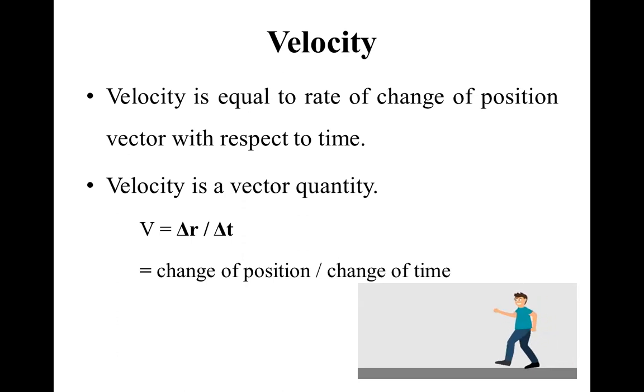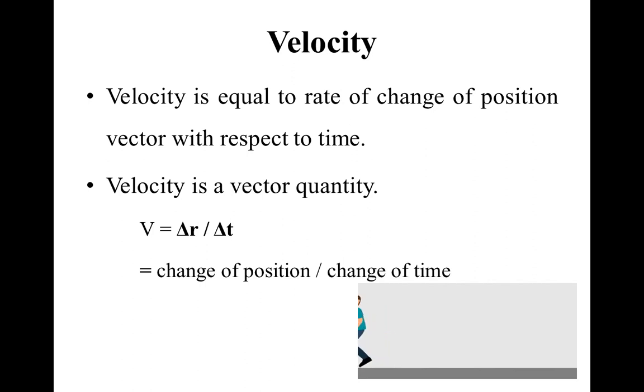So what is velocity? It is displacement by time. That is, how much displacement the object has made for a particular period of time. It is related to speed. Speed is a scalar quantity whereas velocity is a vector quantity.